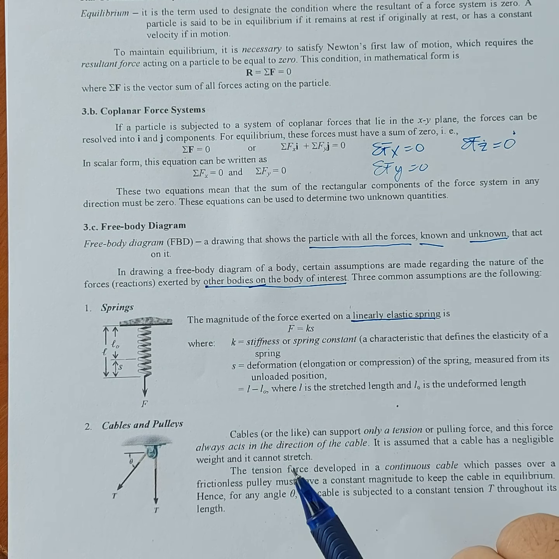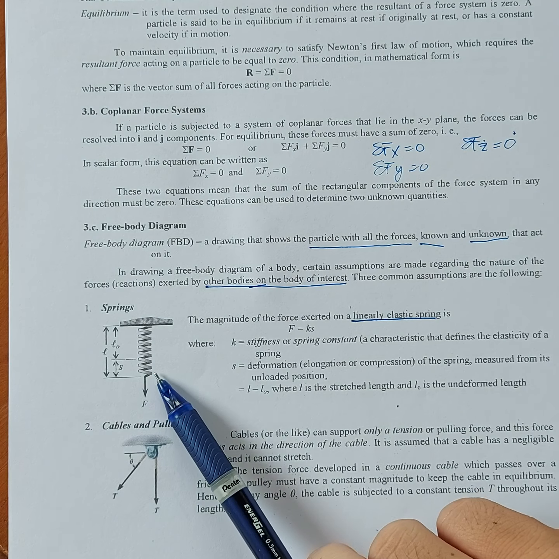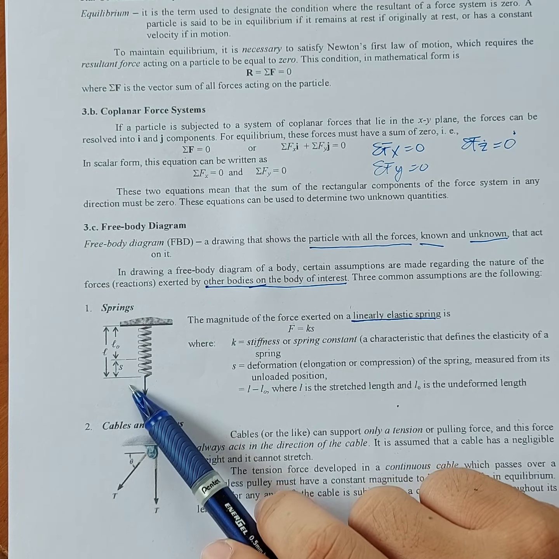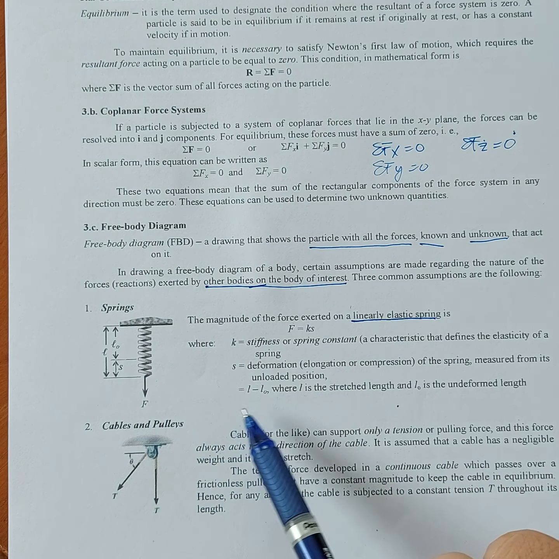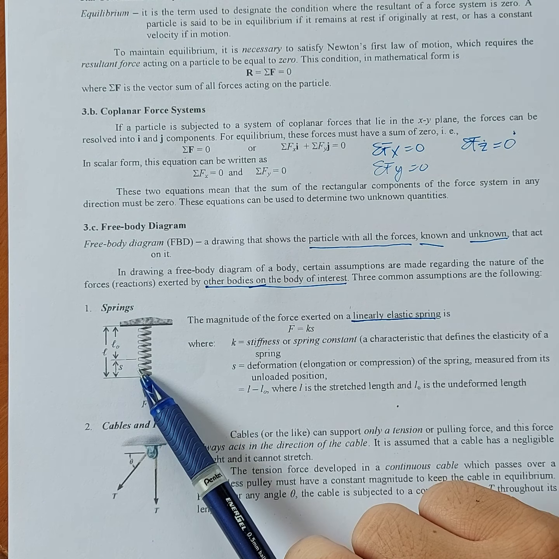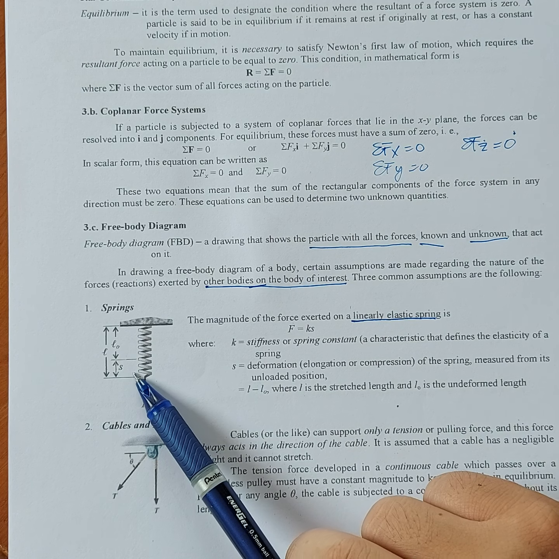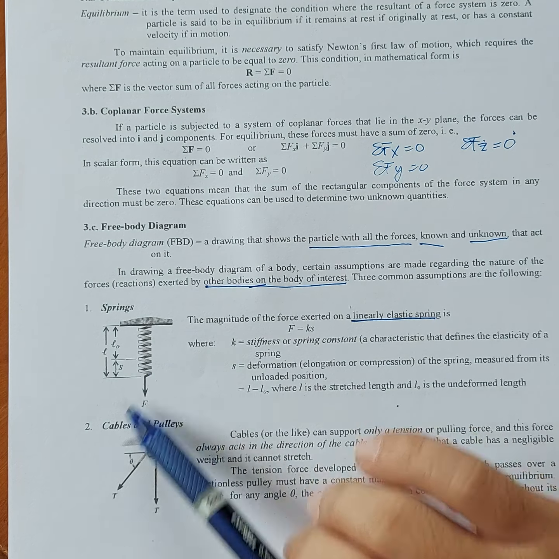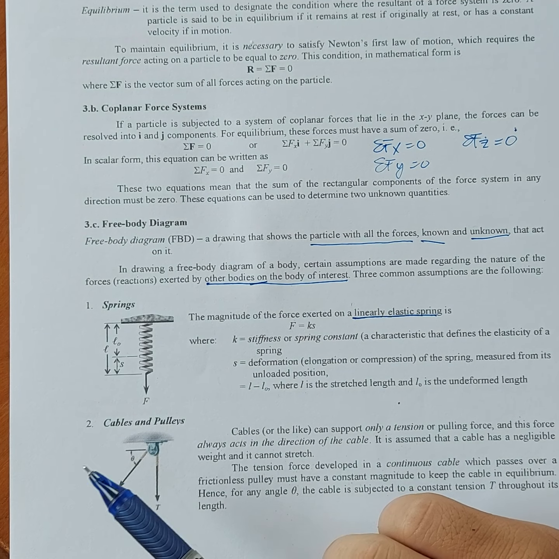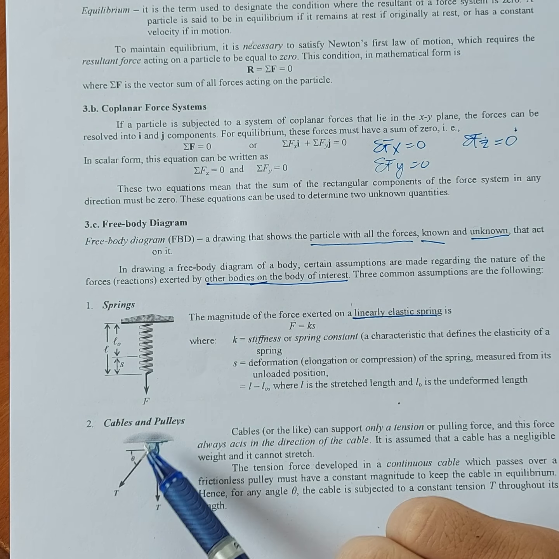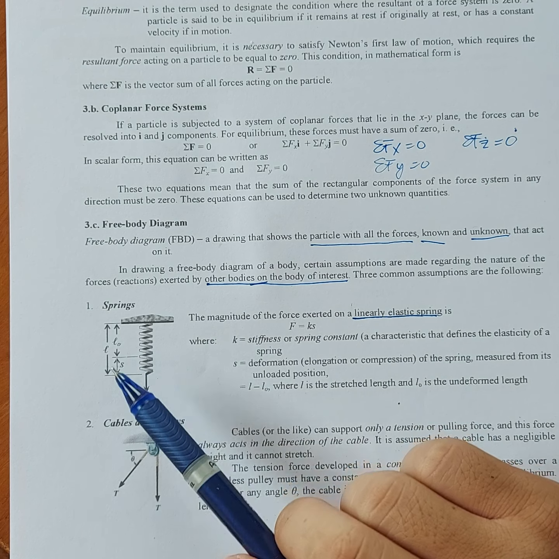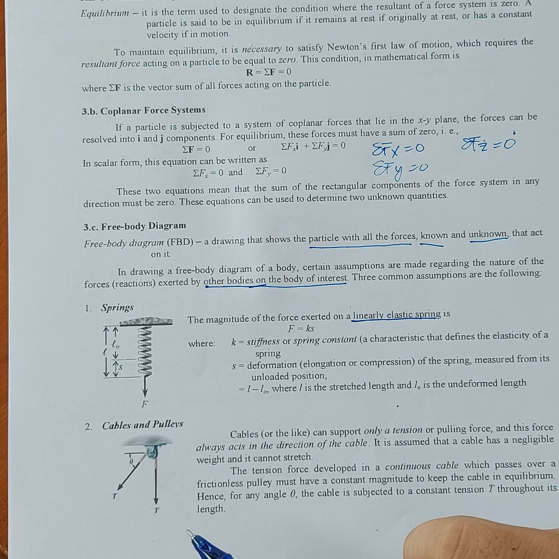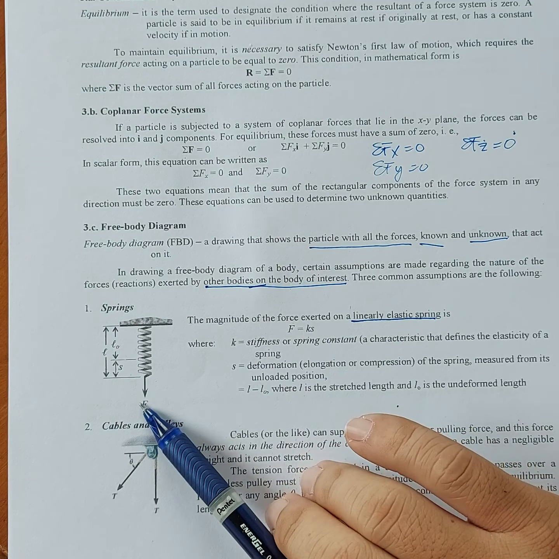So yan, ito yung ating figure. S would be the elongation or deformation of the spring here. L sub O is the original length or the undeformed length of the spring, and the total length of the spring is the sum of the two: the undeformed length and then the deformation of the spring.